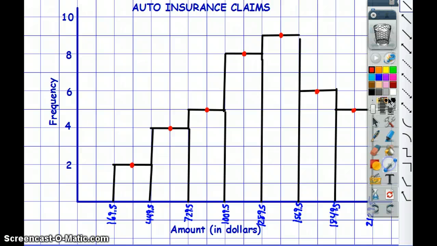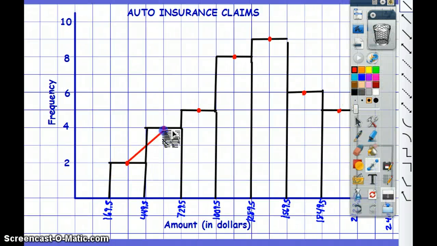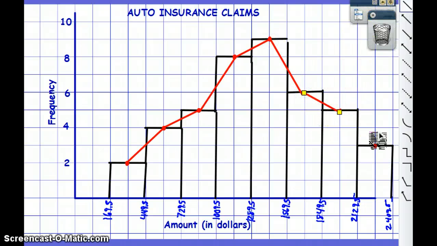I'm going to use my straight edge to connect the consecutive midpoints. Now remember, we really don't have a polygon at this point, so I'm going to connect the 0 point to that first midpoint, and I don't have room over here unfortunately, but I would connect this point to the 0 point that comes after the histogram.